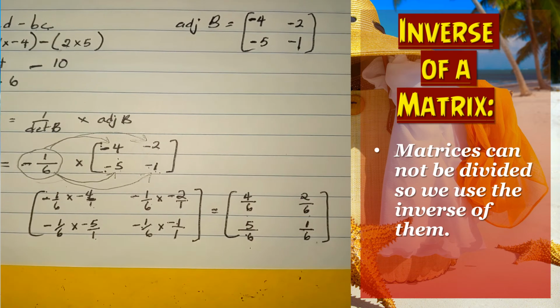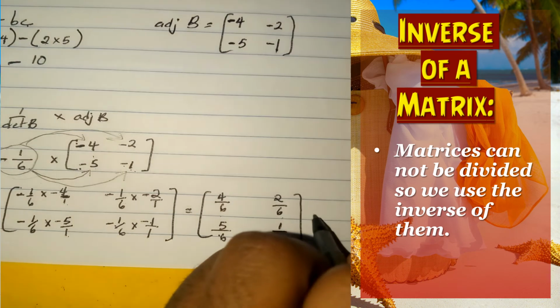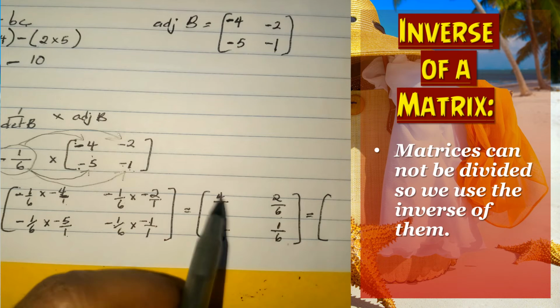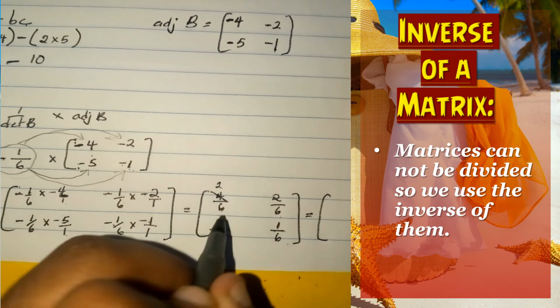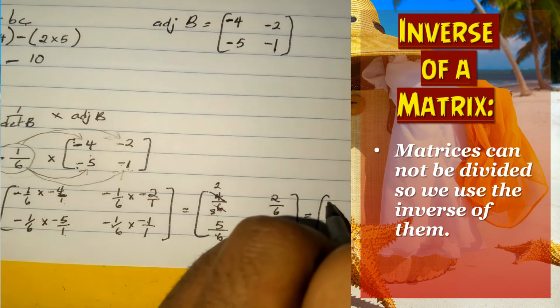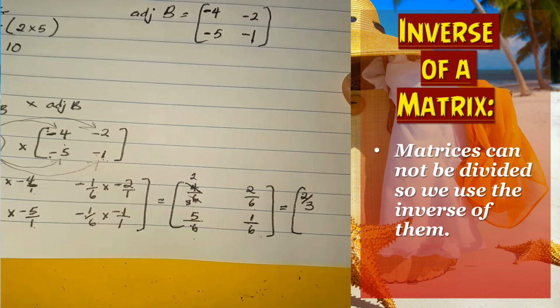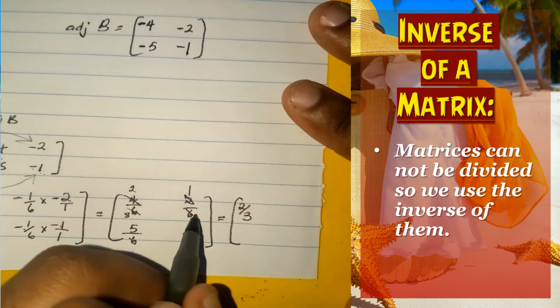And to clean it all up, we can simply reduce where possible. So let's go now. I know that 2 can go into 4 and 2 can go into 6. So 2 goes into 4 two times and 2 goes into 6 three times. So in its reduced form, I'm going to have 2 over 3. 2 goes into 2 once, 2 goes into 6 three times.